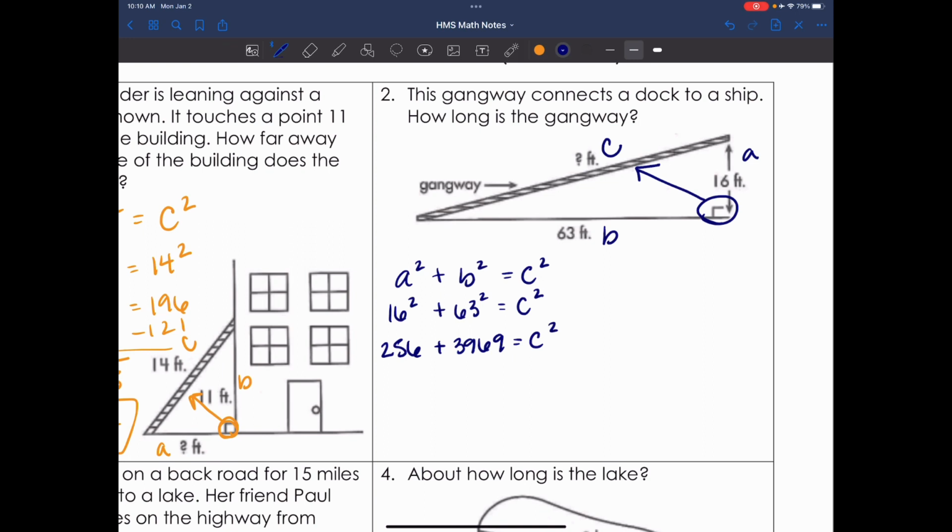And C squared, I don't know. All right, but I am going to add these two numbers together. 3,969 plus 256 equals 4,225. And then find the square root of both sides. And you should get 65 equals C, my hypotenuse.